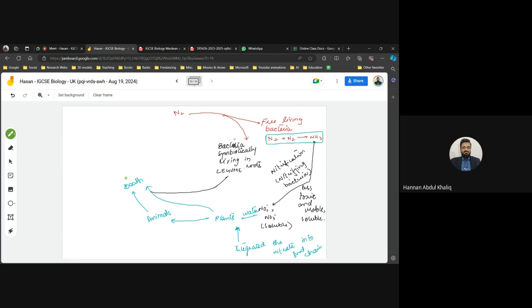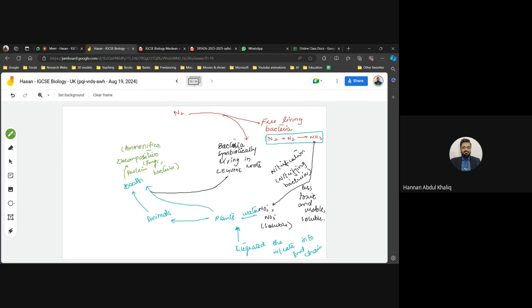Number one, when they die, their proteins are decomposed, and obviously who performs the decomposition? Fungi and bacteria. What kind of step do they perform in decomposition? This step is called ammonification.